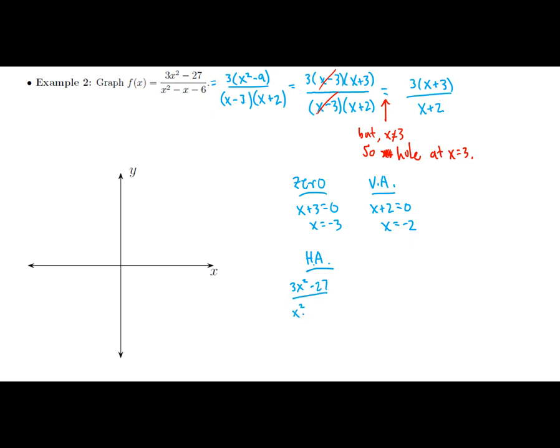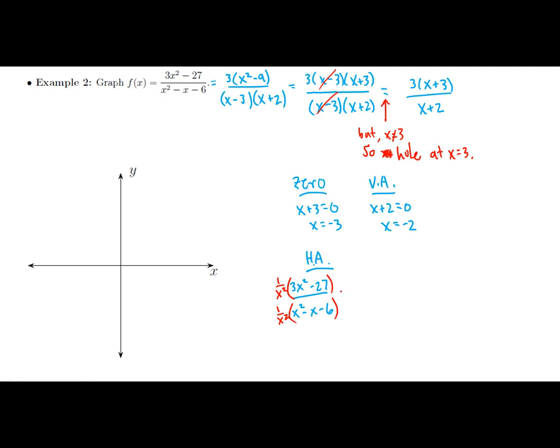I could use the simplified version, but I'm going to use this because when I'm doing this analysis, I like to have it all multiplied out rather than factored. And remember, we're looking at the bottom and asking what's the highest degree term on the bottom. Well, that's x squared, so I'm going to multiply by 1 over x squared on top and bottom.